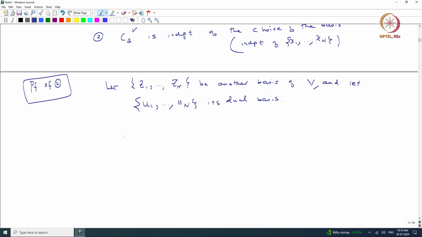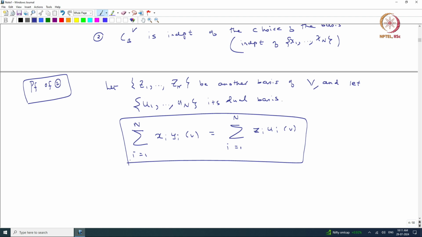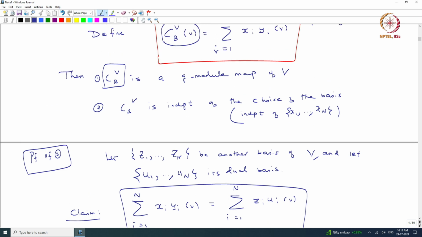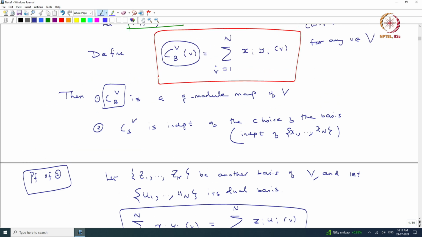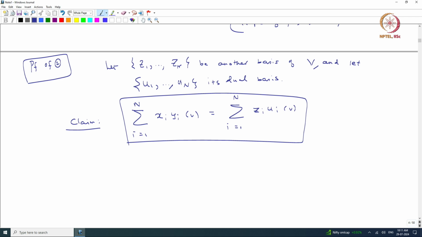Now what we need to prove is that the operator given by the summation of x_i y_i acting on V has the same value as the summation of z_i u_i acting on V. Then this proves that these two operators are the same. That means the operator C_V,B is independent of the choice of the basis that we have chosen.